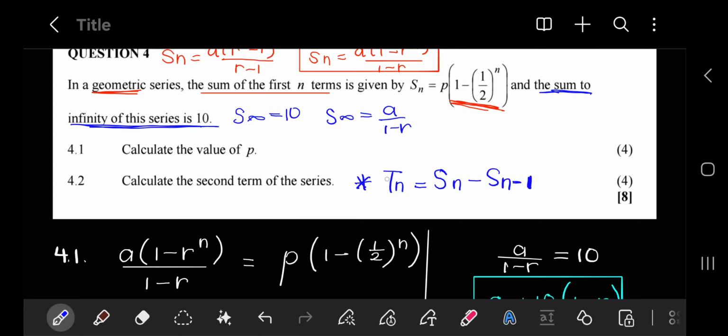So Tn would equal Sn minus S(n-1). And just as an example, say you need to calculate term 50. Using your sum formula, it would be S50 minus S49. And it would work like that, no matter what you need to calculate. So seeing that we need to calculate the second term, we need to get T2, so it's going to be S2 minus S1. That is how I'm going to answer this question.